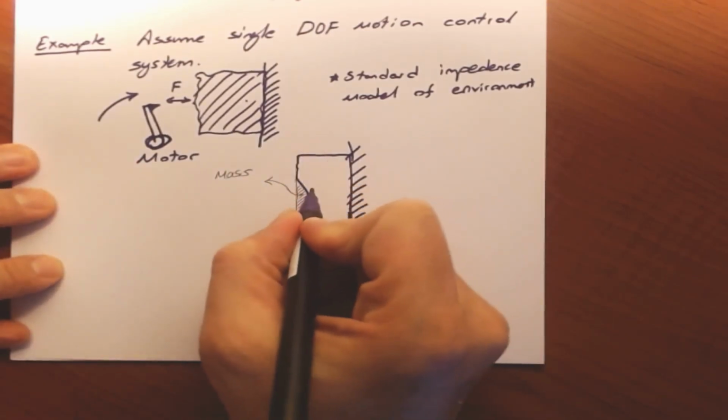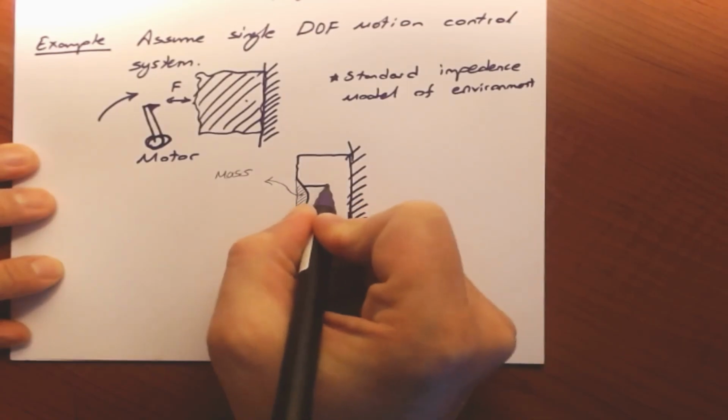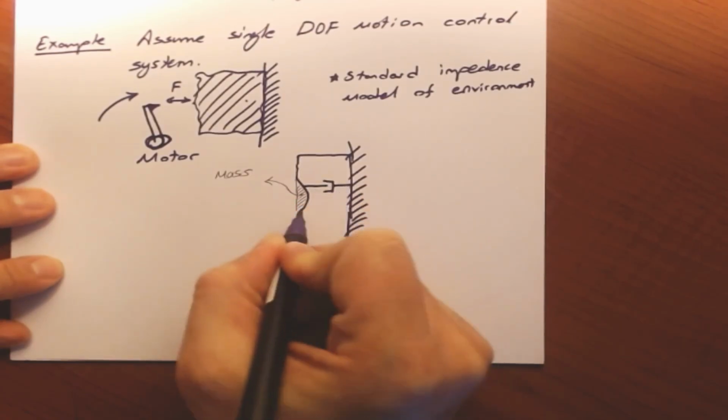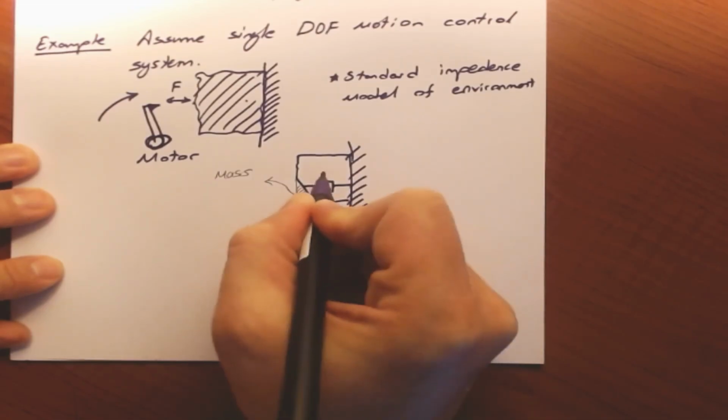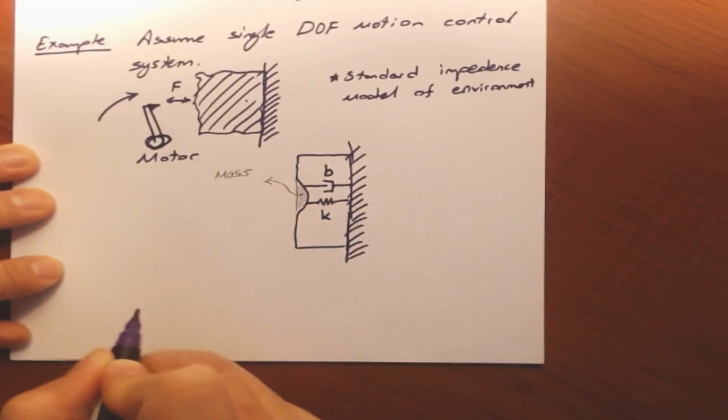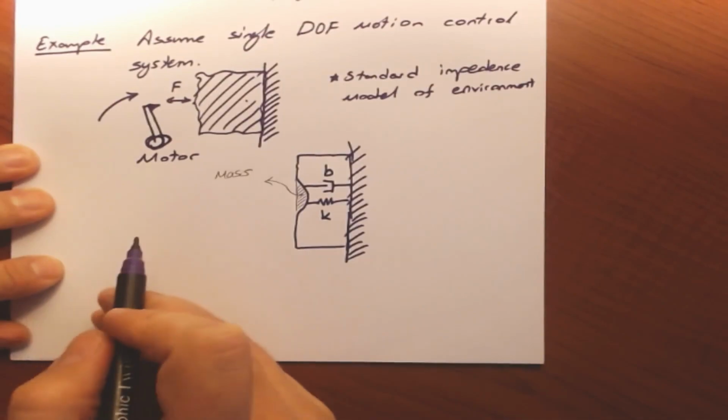The deflected environment behaves like a spring and damper system with coefficients K and B.